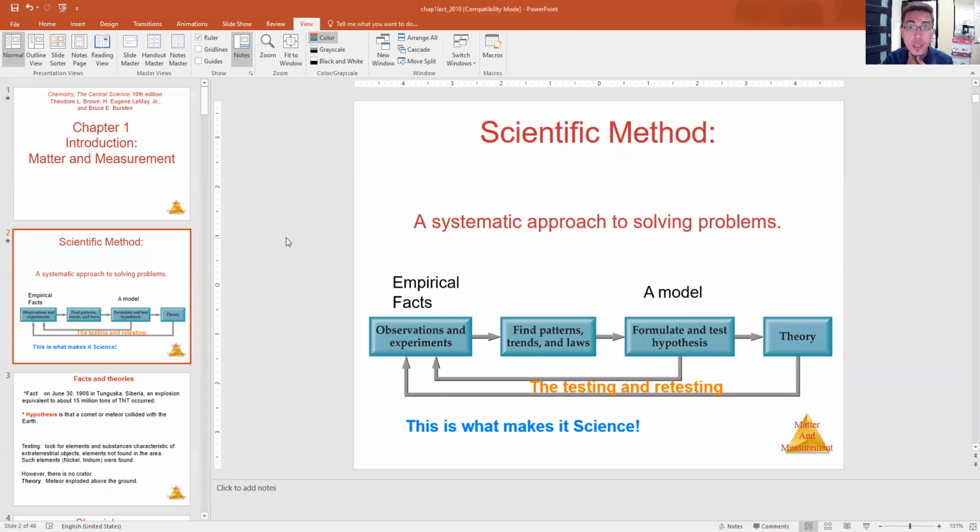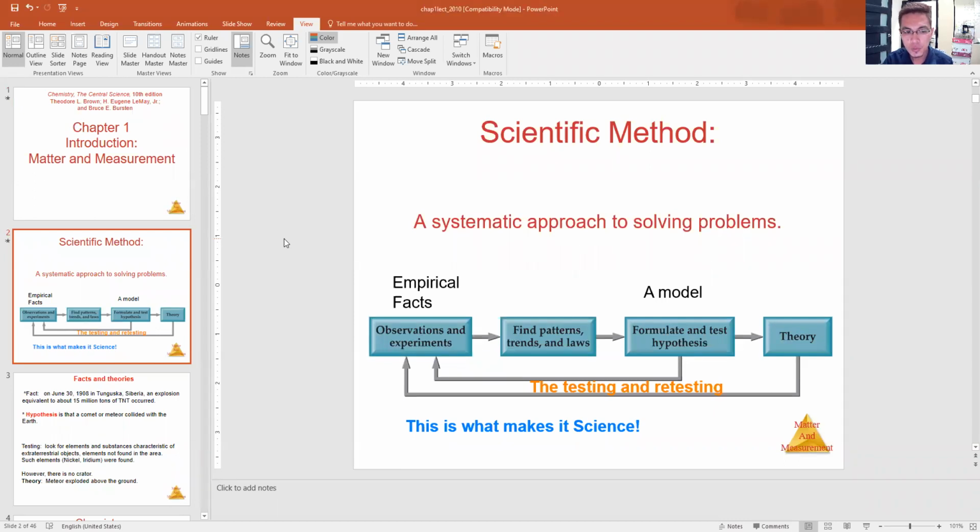First is the scientific method. What is the scientific method? It is a systematic approach to solving problems. As we all know, there exist observations, then there exist theories. That systematic approach is what we call the scientific method. From the start, which is observation and experiments, you come up with a certain answer, a hypothesis. Then it goes to patterns, trends, and then laws.